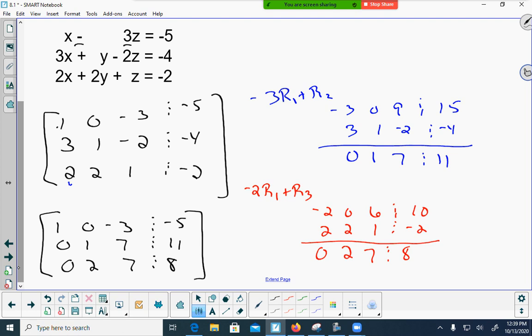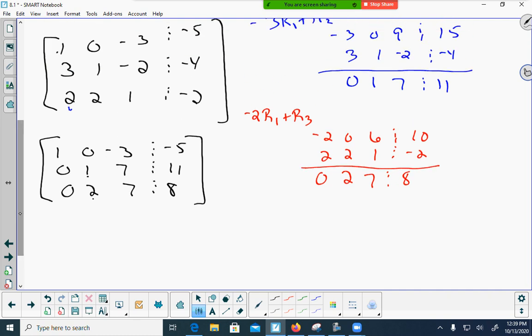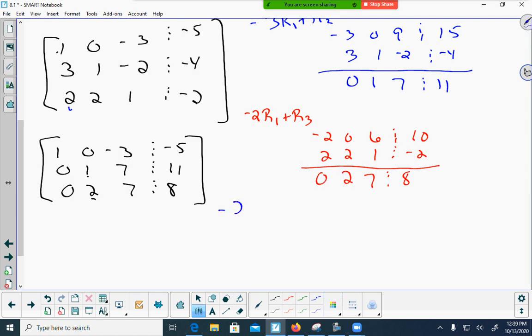Now I had a 1 in row 1, column 2. No, row 2, column 2. So now I'm going to use that to make this 2 a 0. How am I going to do that, Andrew? What have I multiplied row 2 by to make this 2 a 0? -2 times row 2 plus row 3.